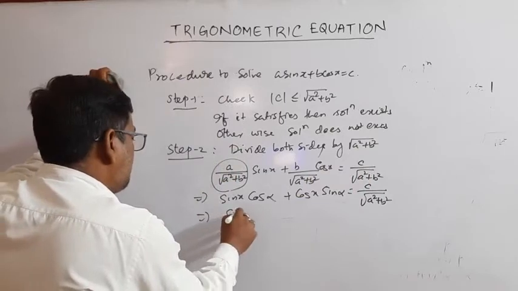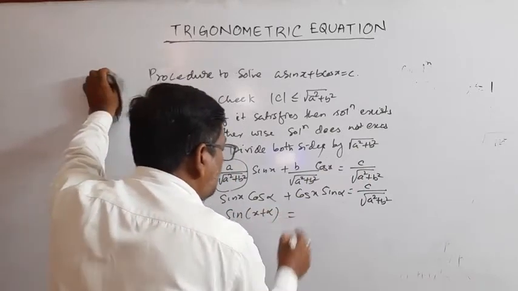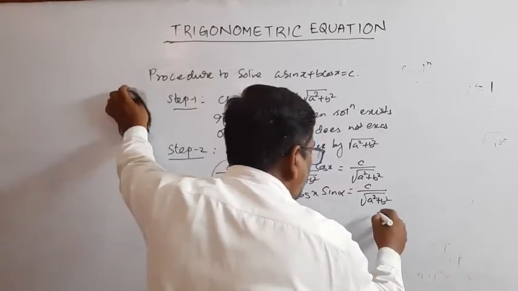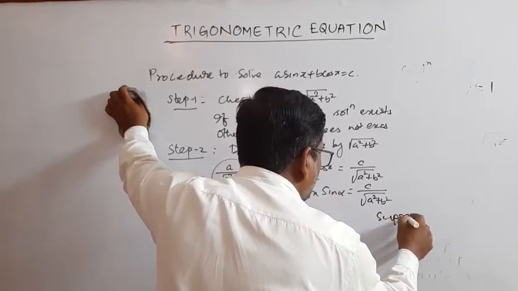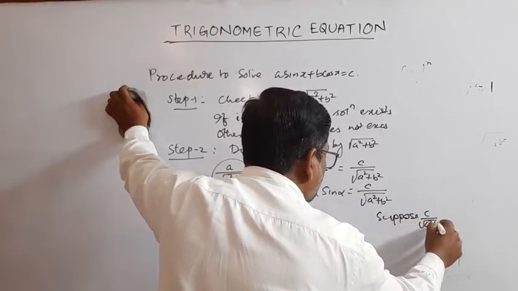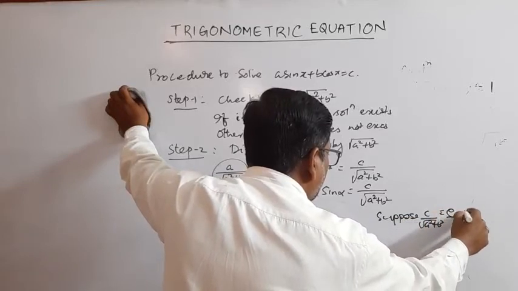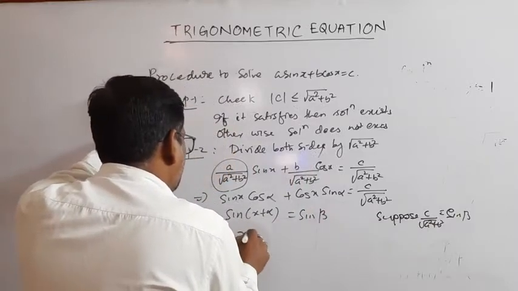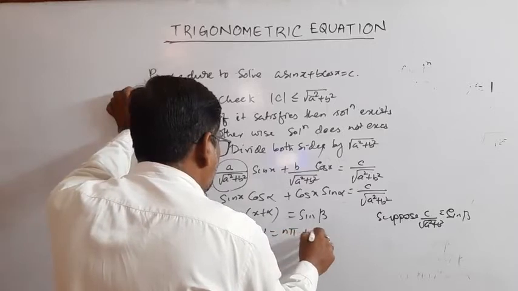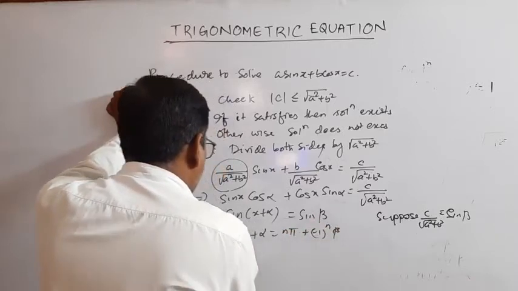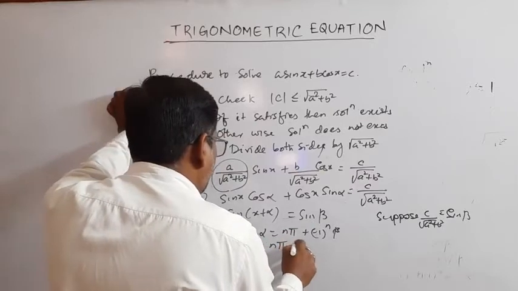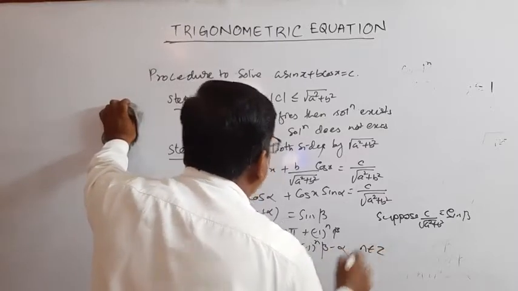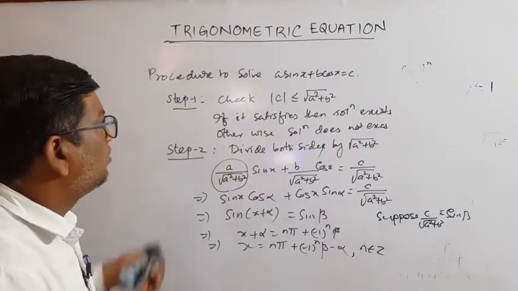So this is sin of x plus alpha. Suppose c by root over a square plus b square is equal to sin beta. So that implies x plus alpha is equal to n pi plus minus 1 to the n into beta, and x is equal to n pi plus minus 1 to the n beta minus alpha, where n belongs to z.